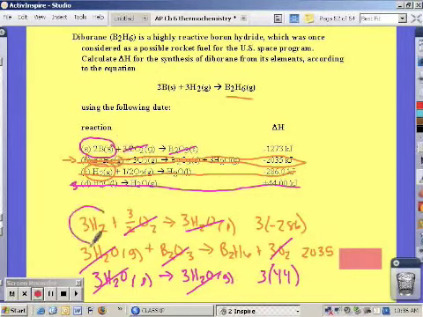So now I can continue to cross things out and make sure I am only left with the things that are in the reaction above.